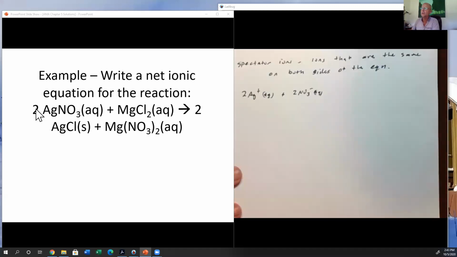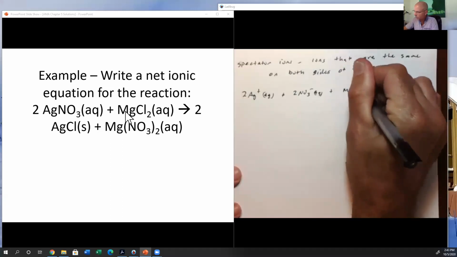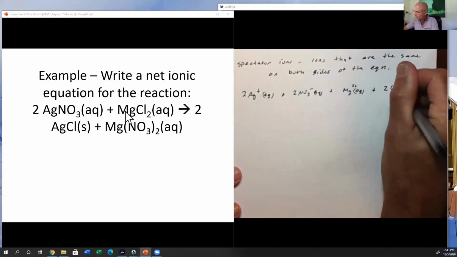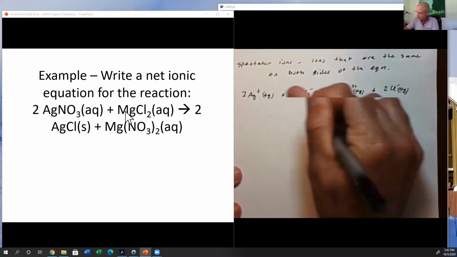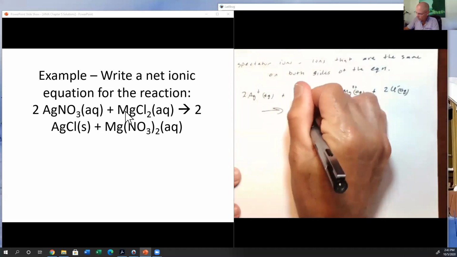Remember that this 2 extends to both of those, right? Plus magnesium 2 plus aqueous plus 2 Cl minus aqueous all goes to silver chloride solid.